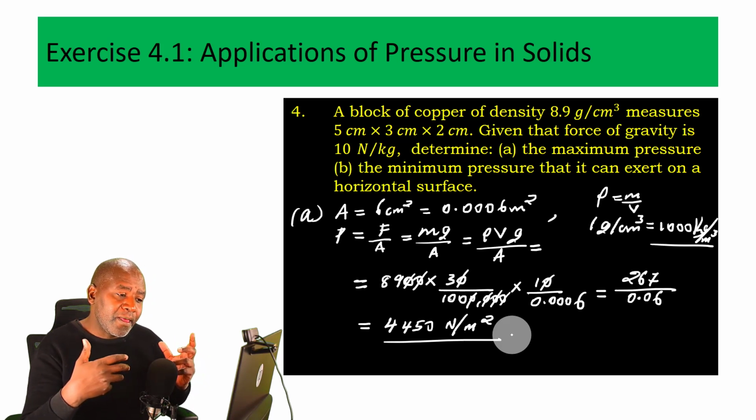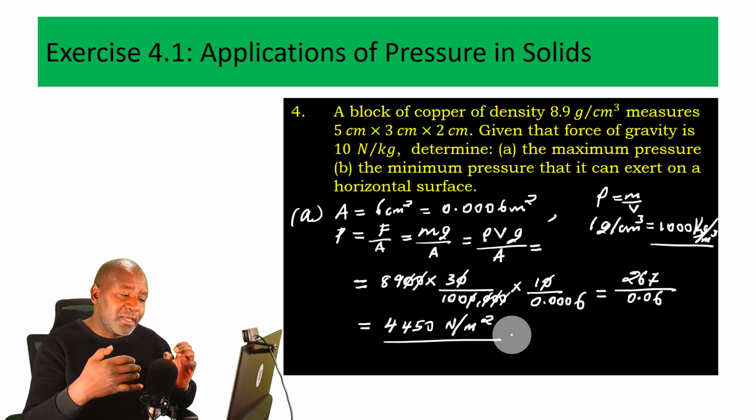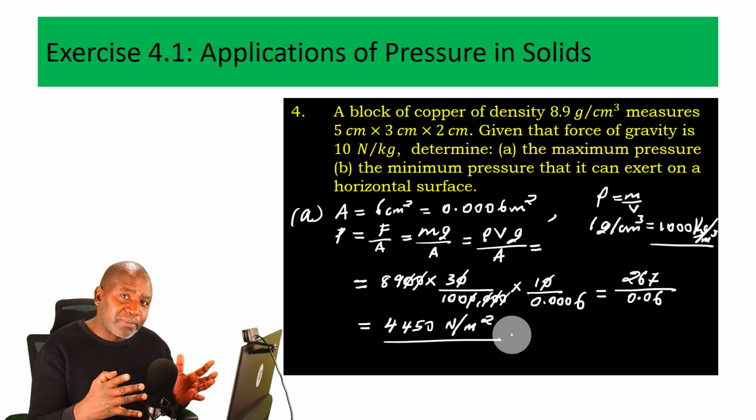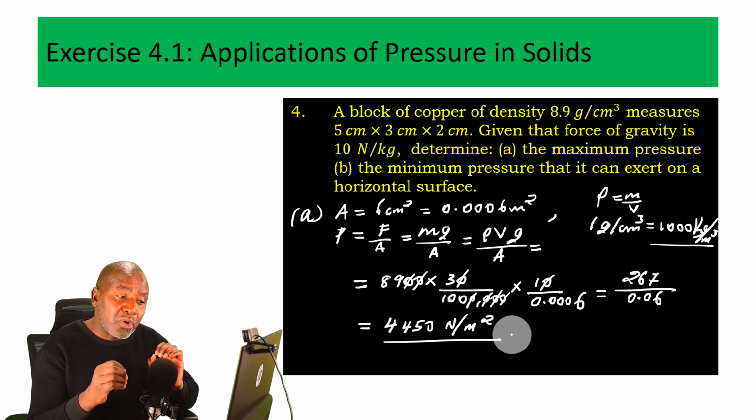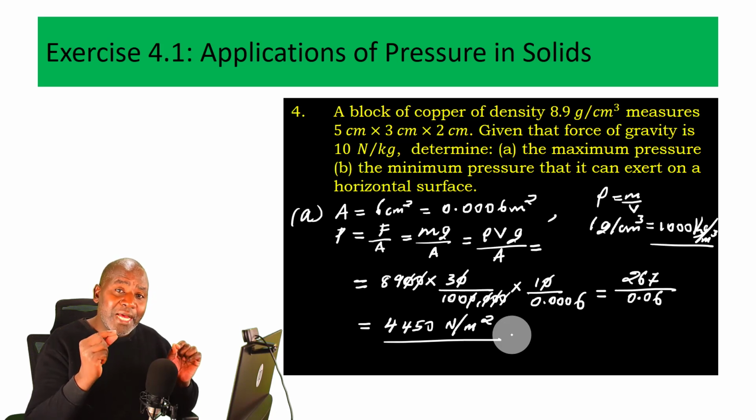And you can see that this question, although it is on pressure, has so many concepts that you need to remember. You need to remember how to convert from one unit into another. You need to know when to use SI units. You need to remember certain conversion units.